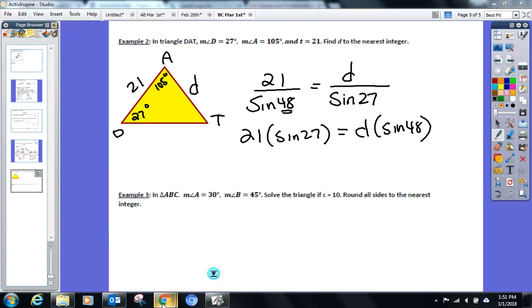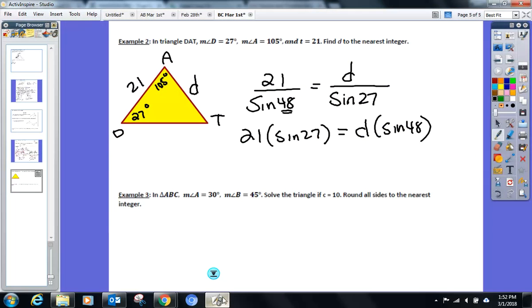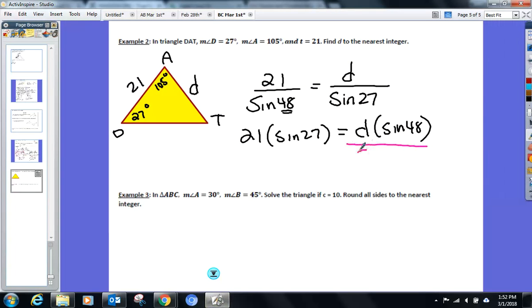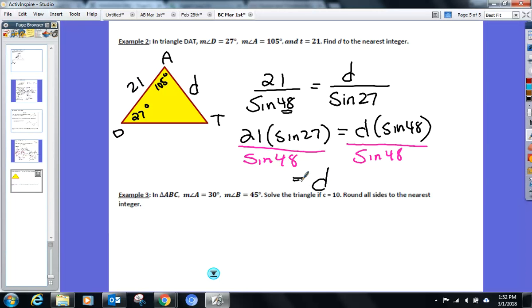On both sides, what are we looking for? What do I have to do to solve for d? Divide by sine of 48. What are your nearest integer?